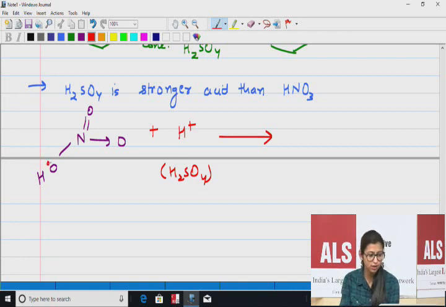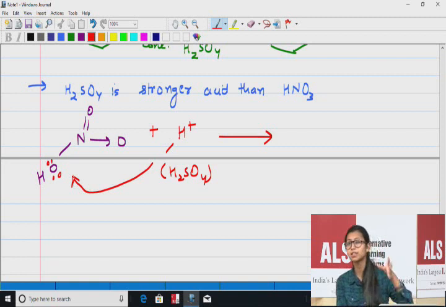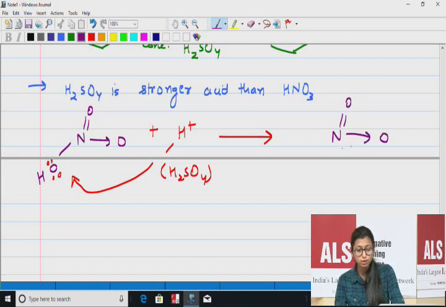Look at the screen, everyone. Oxygen has the lone pair, so this H plus will go over here. Now you will ask me the question, ma'am, why is it going to that particular oxygen? Because it knows that if it goes to that particular oxygen, then it will be able to remove as a water. Yes, Nahalagan. So we are having this H plus here and I am drawing it with the red color.